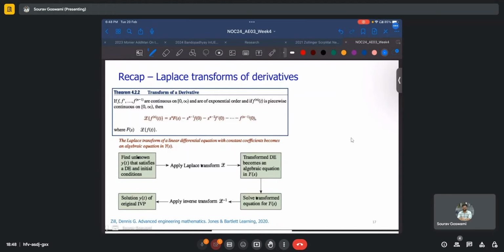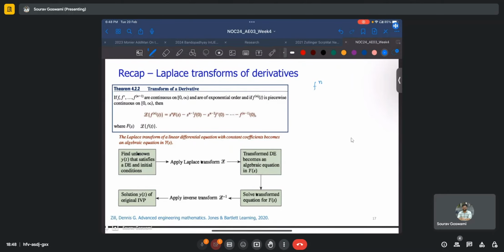So for the nth order derivative f^(n) of t, remember when we write it without brackets, it's an exponent. When we are using brackets, this is the nth order derivative. At least that is the convention we have been following. Different texts may prescribe different conventions.